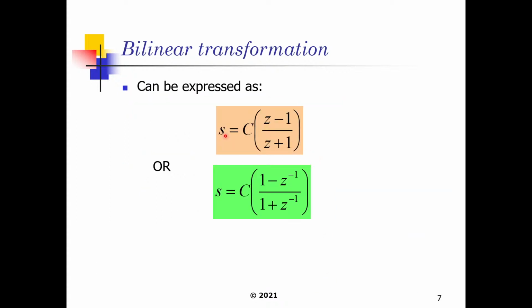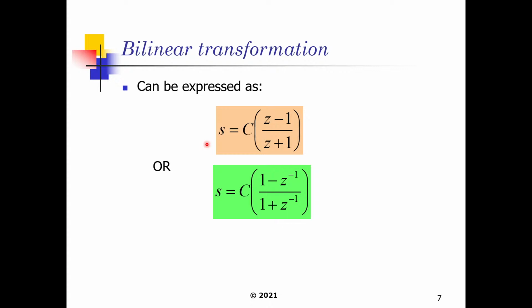We can either use positive powers of Z for our S substitution, or we can use negative powers of Z. Either one is fine. Typically, people use the positive powers of Z, finish the substitution to get the entire equation in Z, and then transfer it back into its causal form with negative powers of Z only.